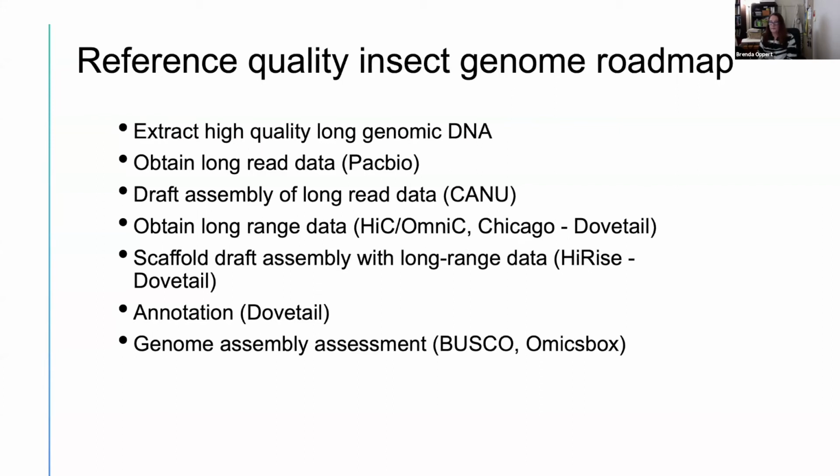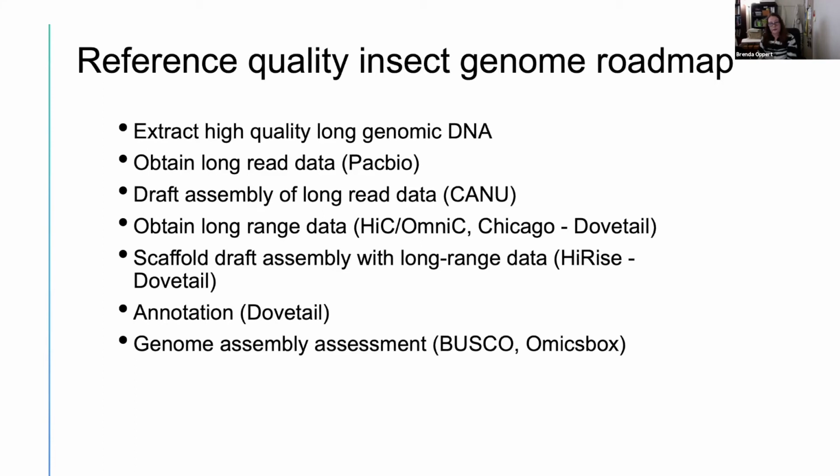We think it's essential that you obtain long-range data, and we have been very pleased with the results that we've gotten from using both Chicago and HiRise in our scaffolding. The annotation can sometimes slow down progress to release these genomes, and it's been one of our problems, and so we were very happy when Dovetail offered this service, so we can hopefully speed up the release of these genomes.